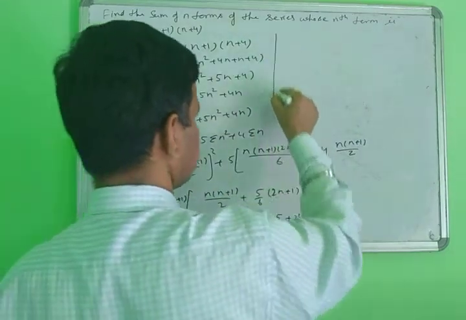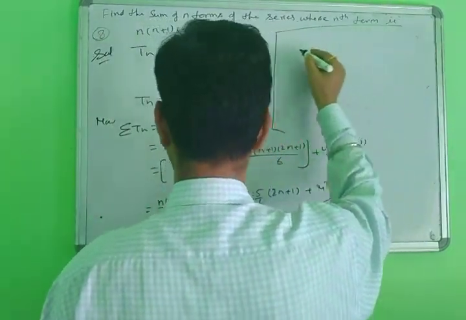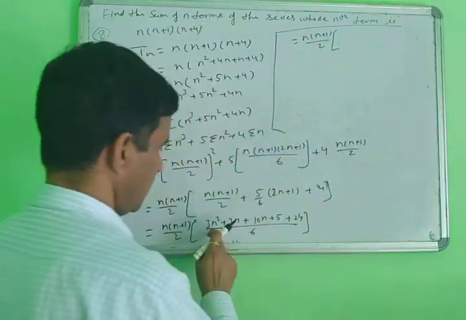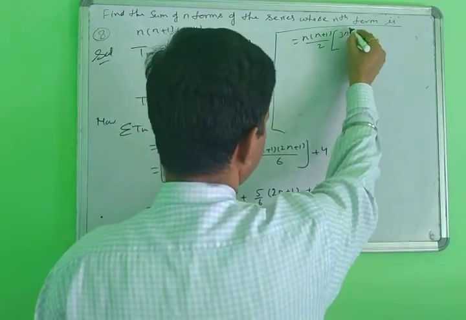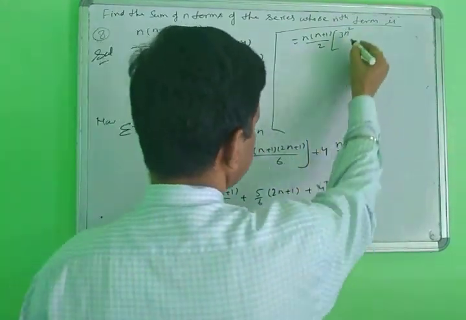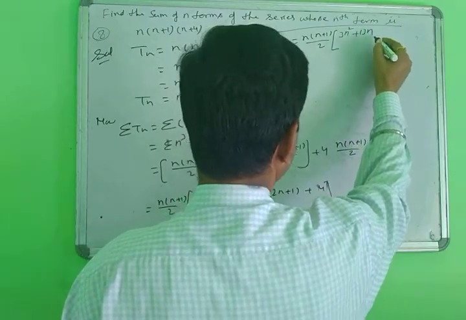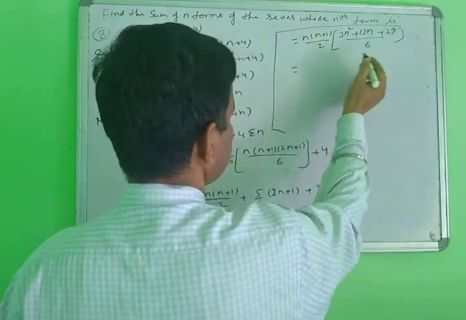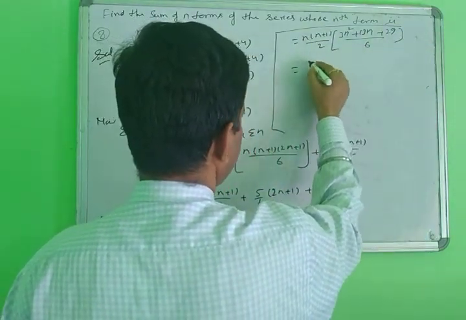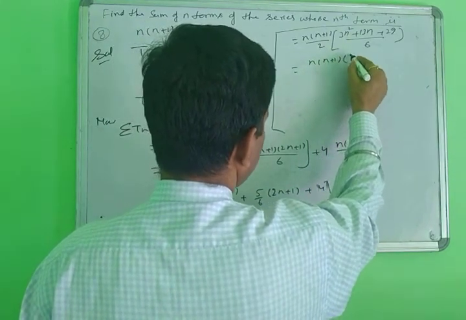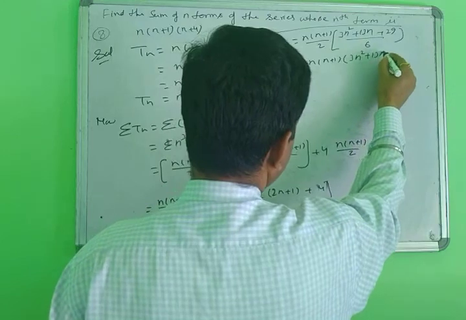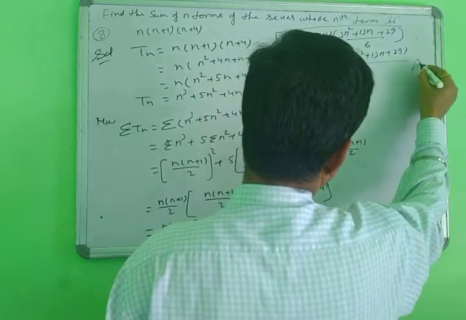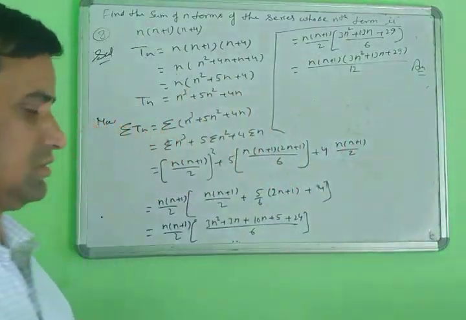After that, what is left here? n plus 1 upon 2, 3n square, 3n, 10n, 30 plus 39, or 5 plus 29 upon 6. Then taking 6 times 2 is 12, so n plus 1, 3n square plus 13n plus 29 upon 12. This is your answer.